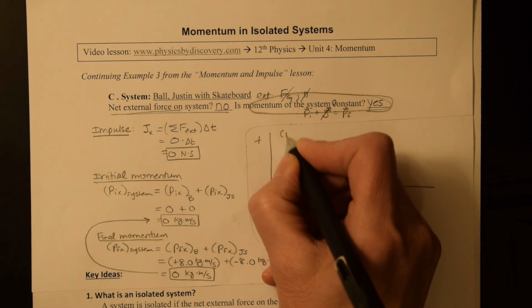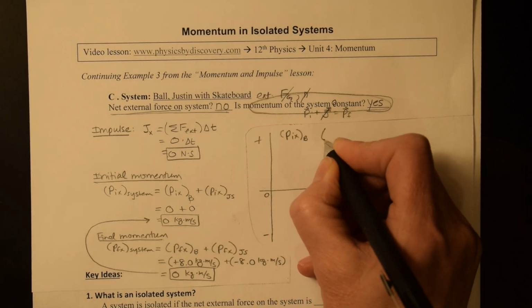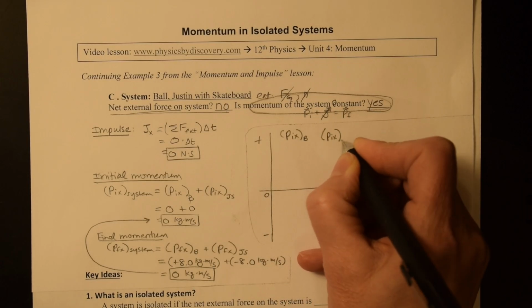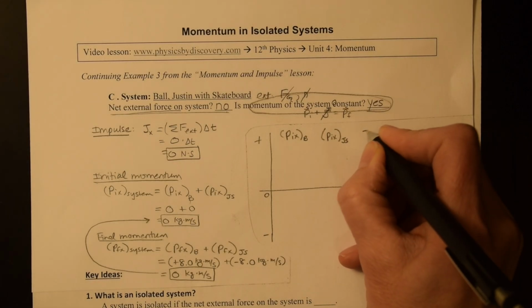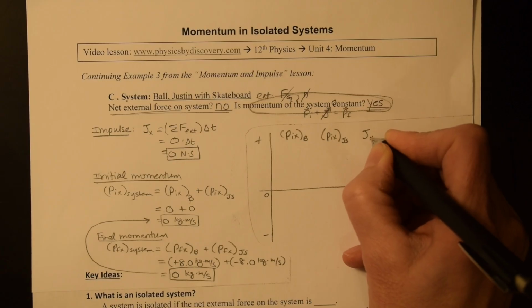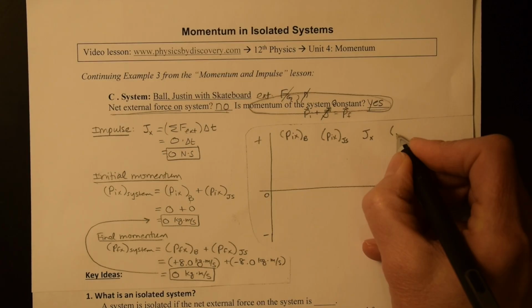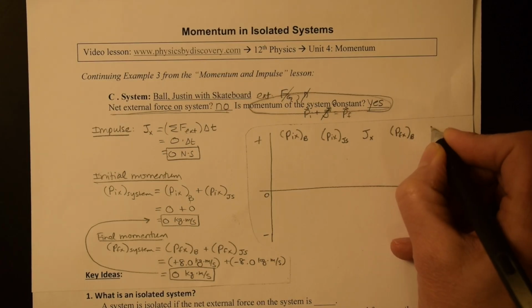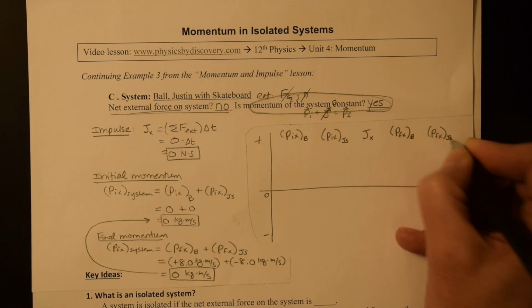So the first bar will be the initial x momentum of the ball, and the next bar will be the initial x momentum of Justin and the skateboard. The next bar will be the impulse on the system, and then we get to the final momentum: the final momentum of the ball and the final momentum of Justin and the skateboard.